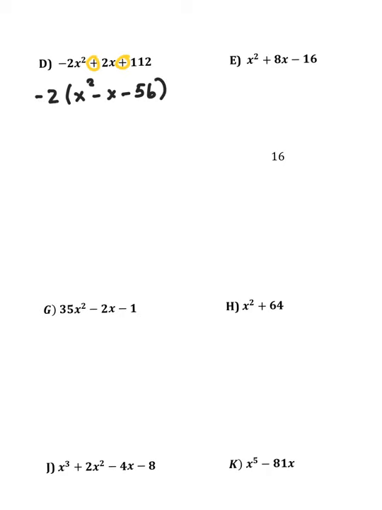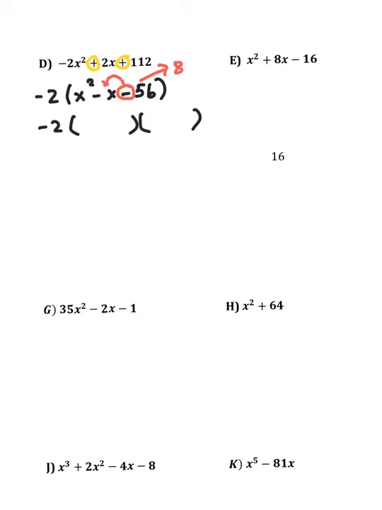We will look in the parentheses. It is a trinomial. The leading term is 1, so we can do this the easy way, which means we can get right to the answer without doing AC method. So I'm looking for factors of 56 that subtract to give me 1.